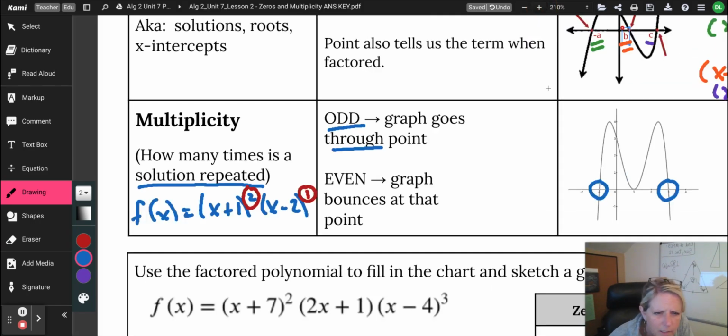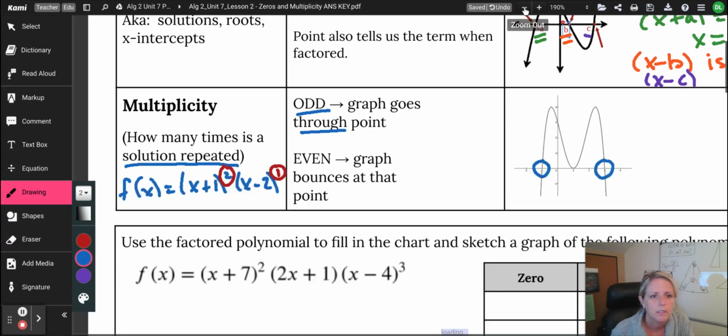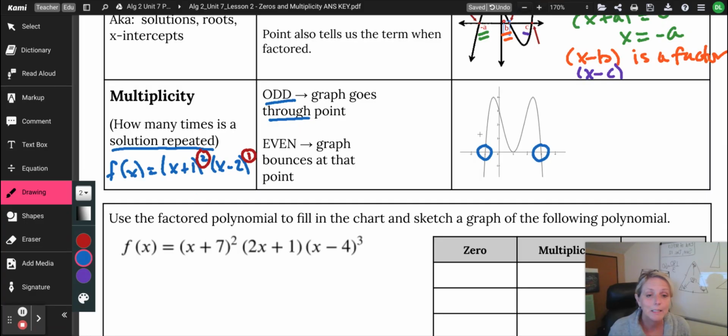I'm so sorry that it's so small. This is -1 and +3. Okay, so that tells me that in my polynomial, if I have -1 as a solution, then x plus 1 is a factor. And if it goes through, it has to be odd. So I'm going to leave it as an exponent of 1. Okay, and then I also have a solution of 3. So I know x minus 3 is a factor. It also goes through, so it's going to keep an exponent of 1.